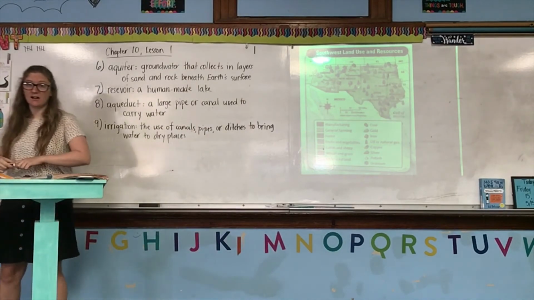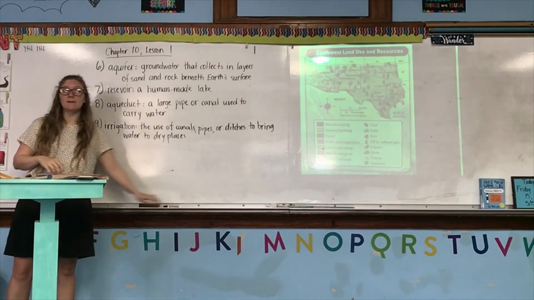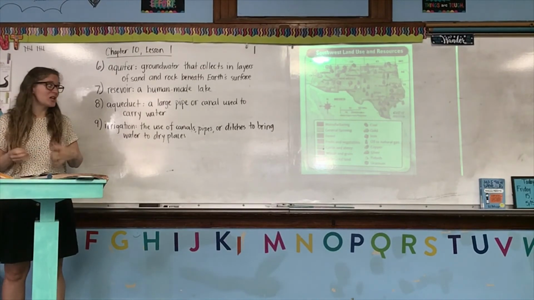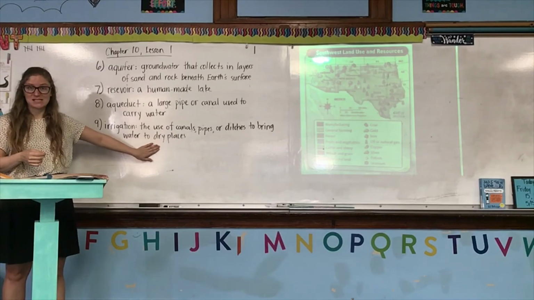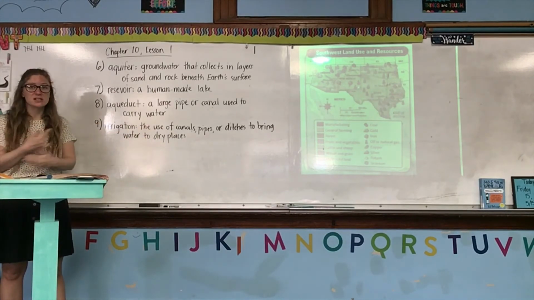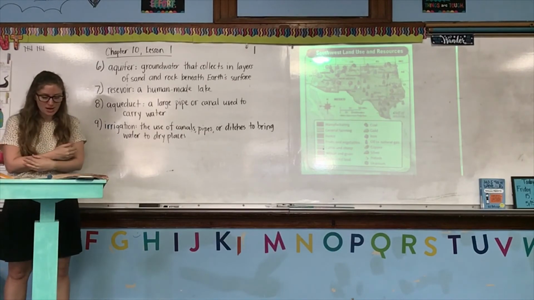So we can tell that irrigation is extremely important in the Southwest because we know there's a lot of these dry places. So they have to use a lot of these canals, pipes, or ditches to bring water to those dry places.